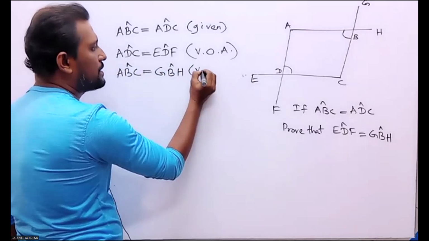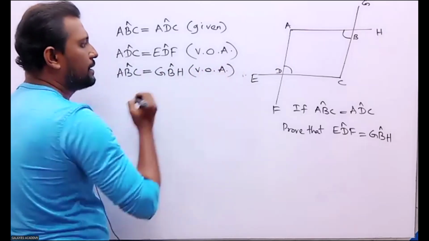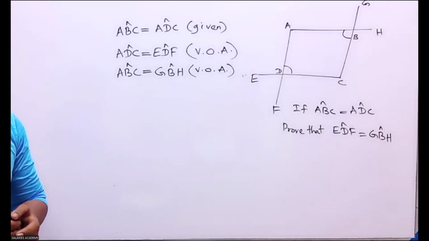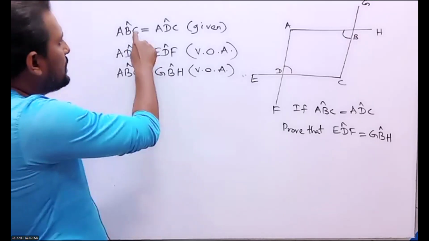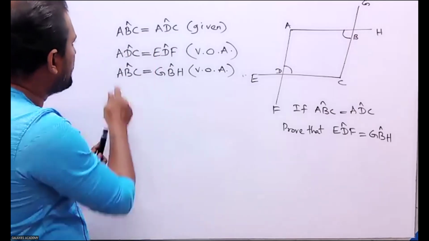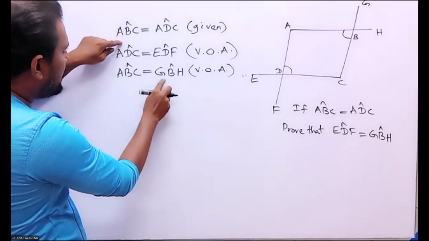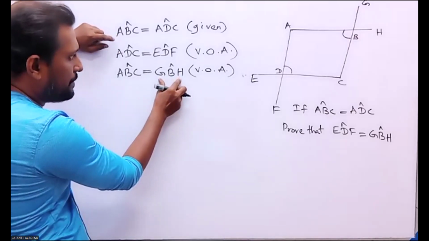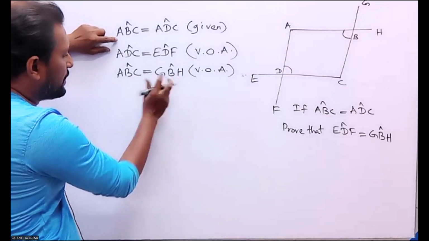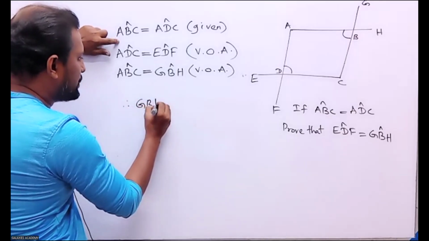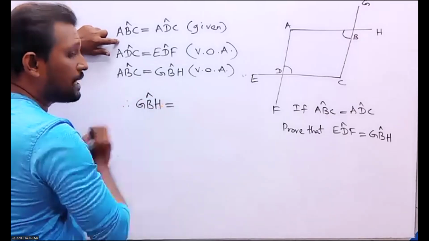The reason is vertically opposite angles, right? Then also given this relation, ABC angle equals ADC angle. Can you understand?